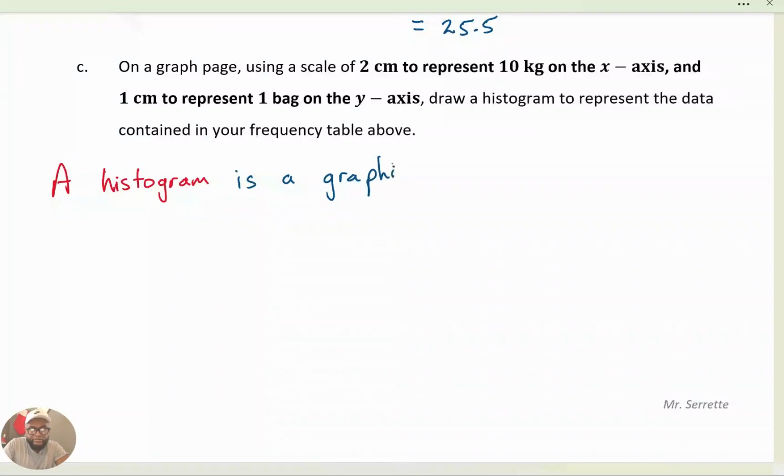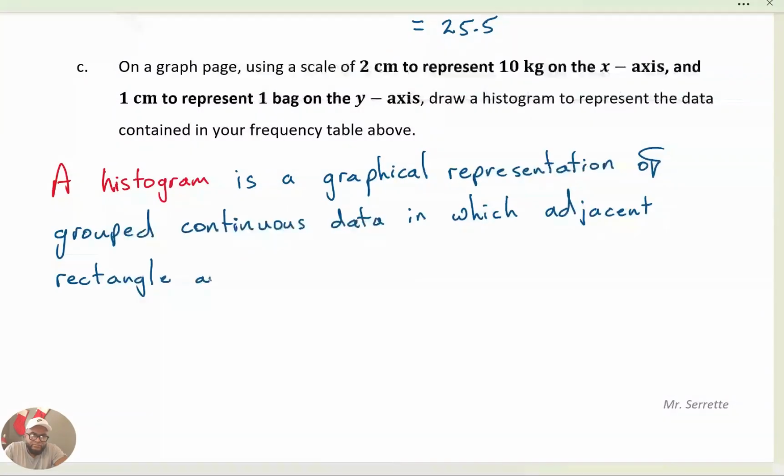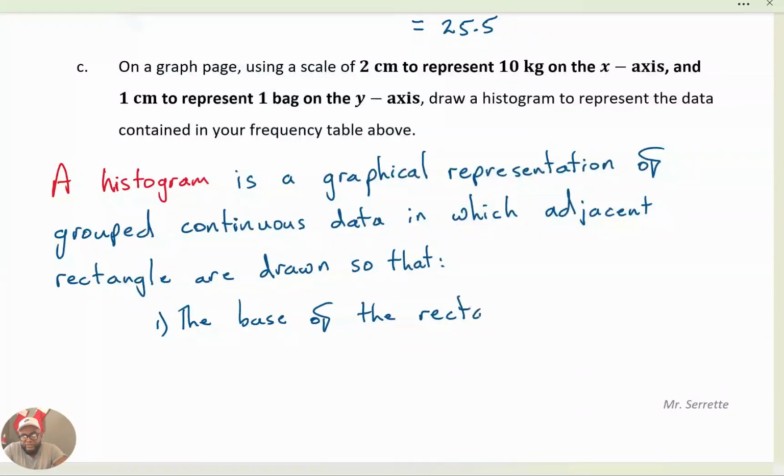Histogram is a graphical representation drawn so that the base of the rectangle represents a class interval.